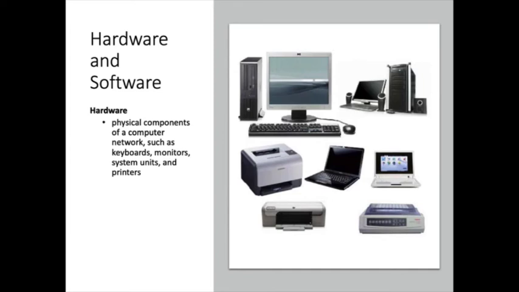We define hardware as the physical components of a computer network, such as keyboards, monitors, central processing units, printers, modems, routers, speakers, scanners, all the kinds of things that, some examples at least, you see in the picture to the right. Any physical component that is part of the system is a necessary consideration in information technology. It is the hardware, in essence, that is the backbone for everything that IT is able to do.